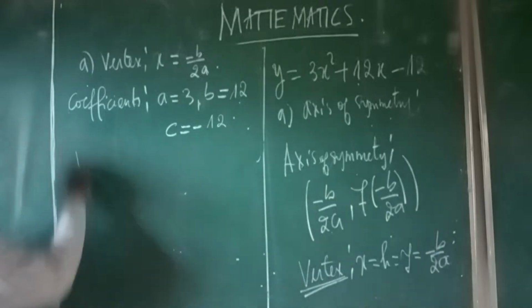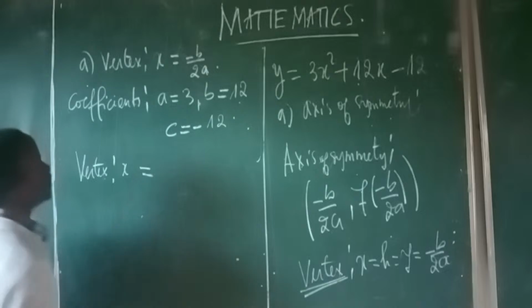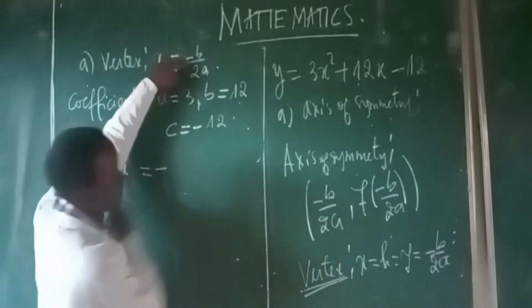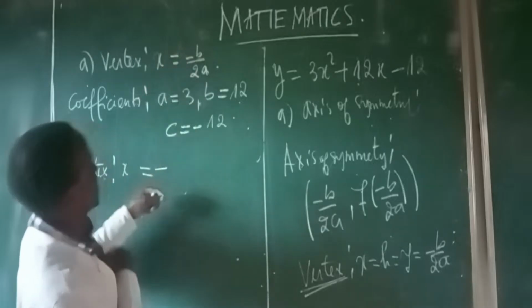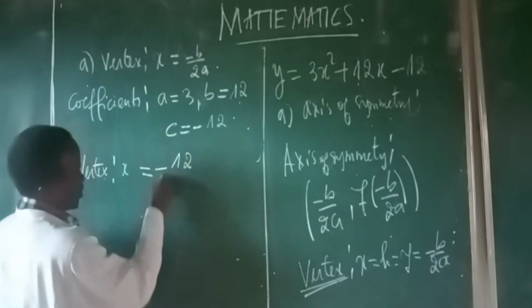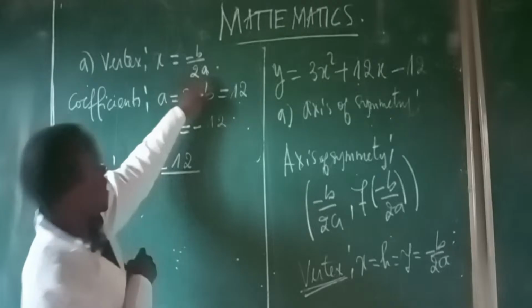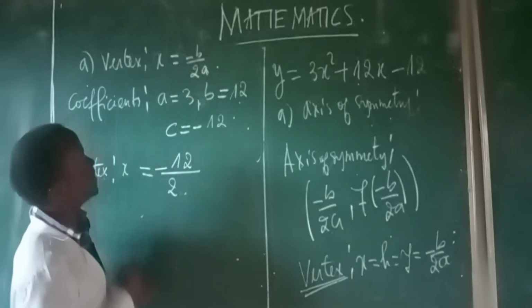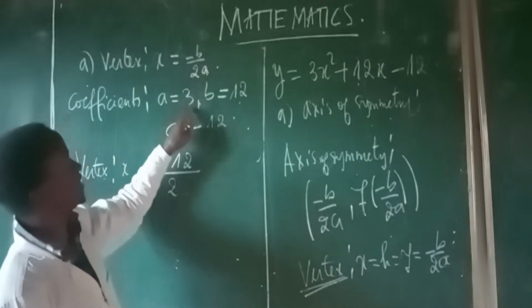So now for the vertex, let us use x. It will be minus b, which is 12, over 2a, where 2 is a constant times a, and a is equal to 3.